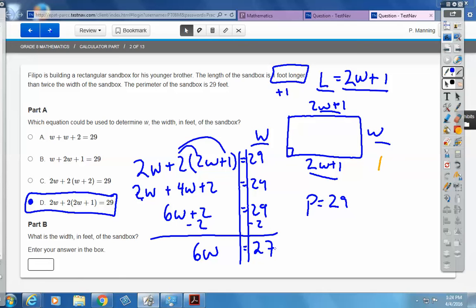27, really? You'd think they would give you a nice, easy number to plug in there. All right, so we need to go ahead and divide this.